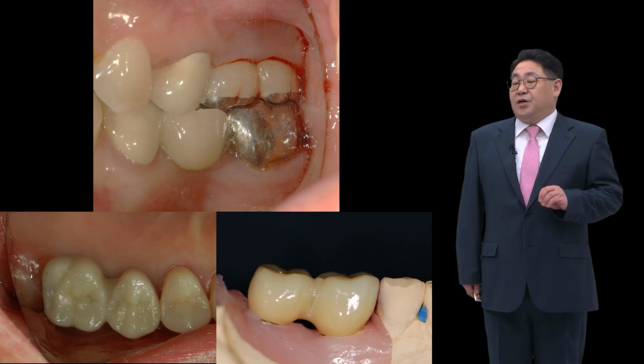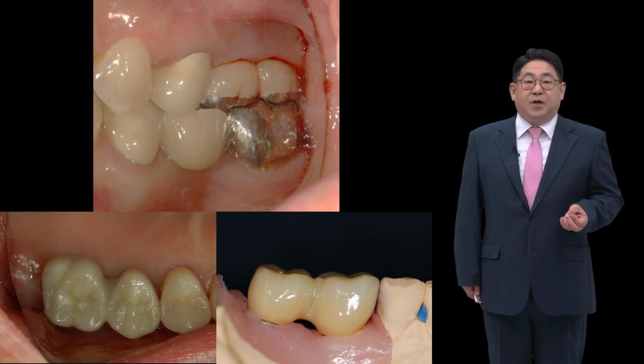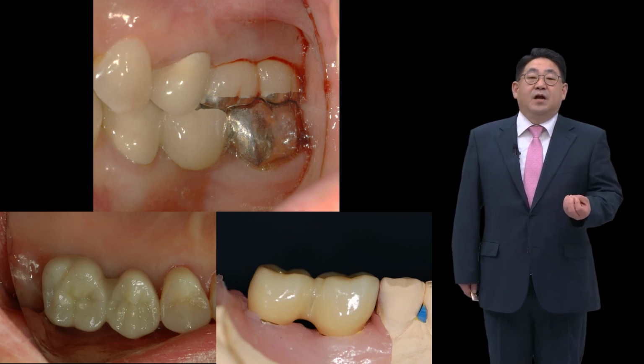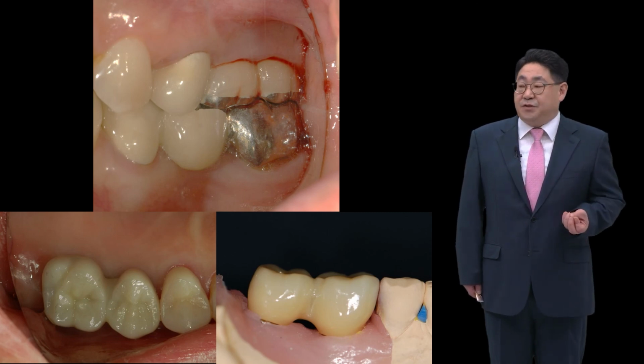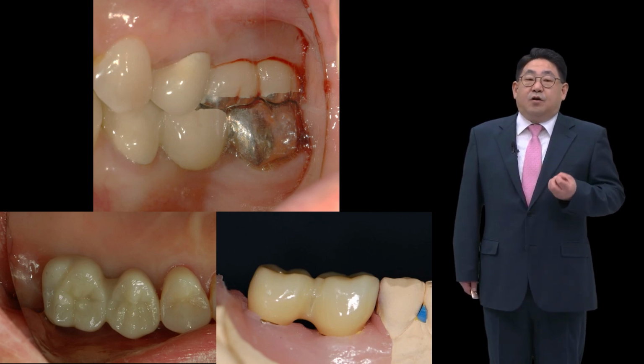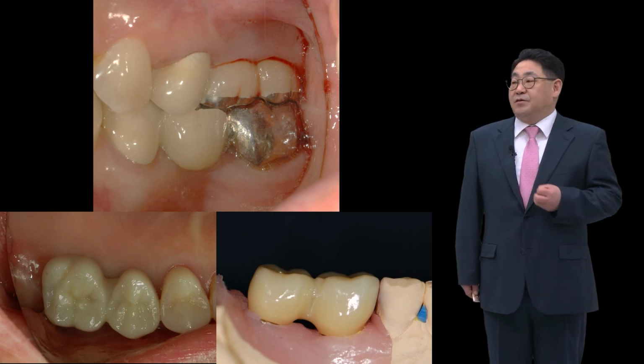In this case, the patient may not complain of food impaction, but the patient will not be able to maintain food retained in that area and it can lead to further problems. In the case of lower right, the patient needs to use a thick interdental brush for maintenance.